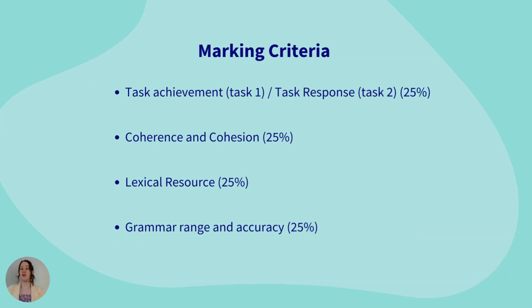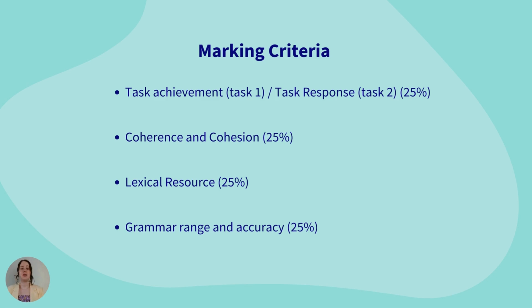Remember, there are 4 marking criteria for Task 1 and Task 2. Each is worth 25% of your total score for Task 1 and Task 2. Remember, in Task 1 we have Task Achievement, and in Task 2 we have Task Response.